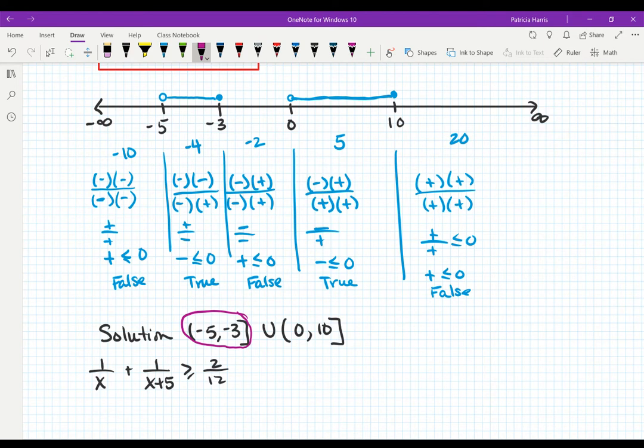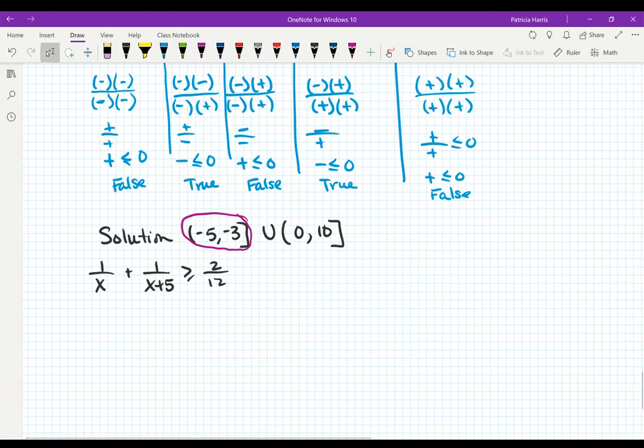Well, it says that it's negative. I can't have negative speed. It doesn't make sense in this context. So having a negative speed just doesn't make any sense. So my viable answer is 0 to 10.